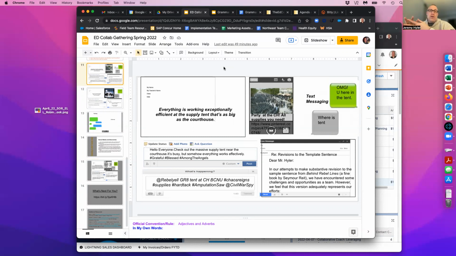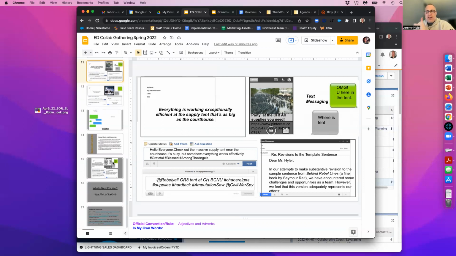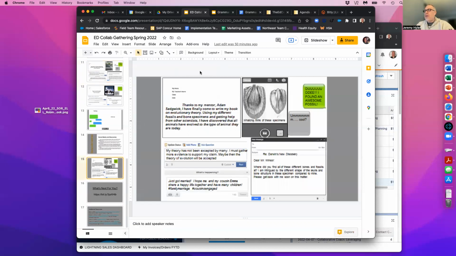So using those 3 things, and them understanding the difference between formal and informal spaces, they were then able to apply it to a more formal piece of writing and say, okay, now that I know this is formal, I have to write this way. And then obviously you have your peer editing, your peer revising, all that stuff going on in your classroom. So lots of things to think about when we are doing a grammar template.